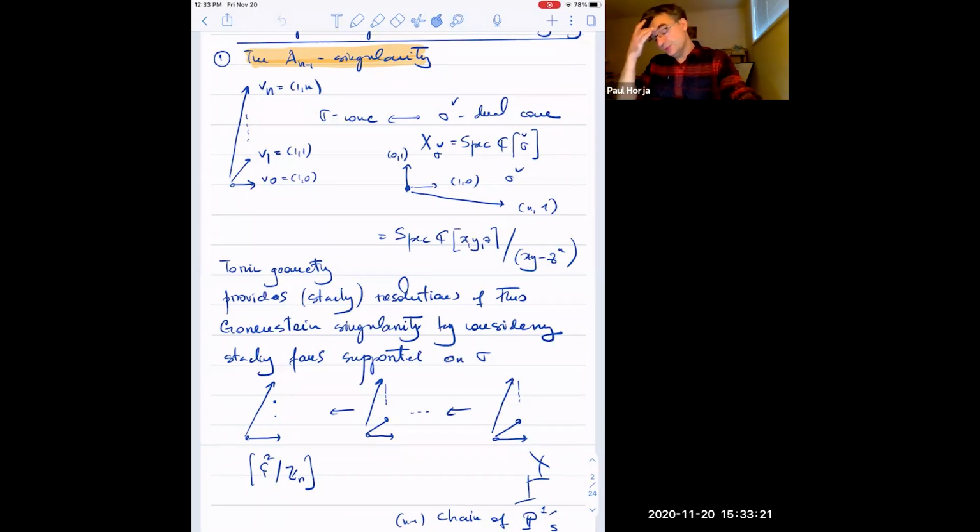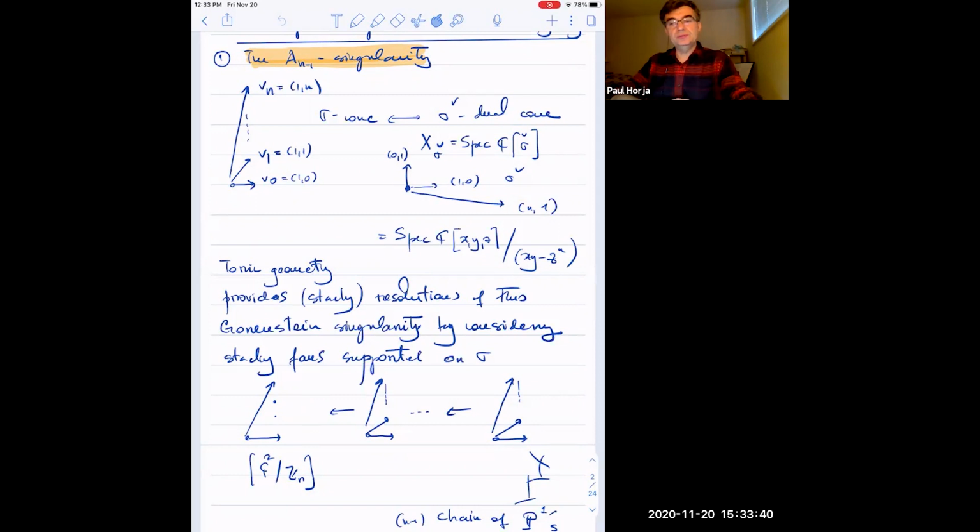So what's interesting about this story is that toric geometry provides, sort of combinatorially, resolutions of this Gorenstein singularity.